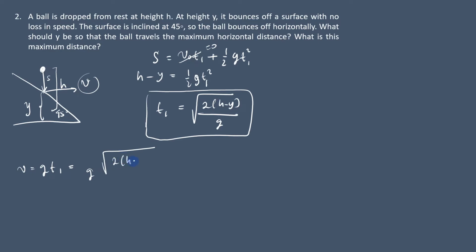That equals g times the square root of 2(h minus y) divided by g, and we can simplify this by moving g inside the square root, and we get the square root of 2g times (h minus y). From the kinematic equation, the initial velocity v0 is 0, so we can express v in terms of gt.